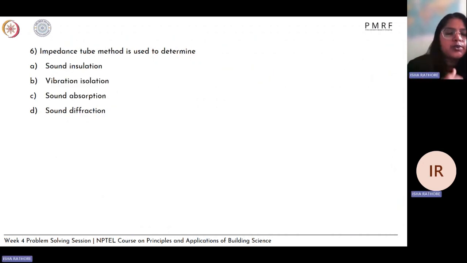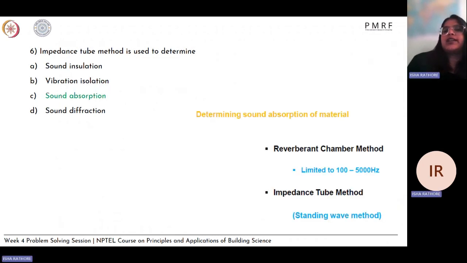Moving on to question 6. The impedance tube method is used to determine A, sound insulation, B, vibration isolation, C, sound absorption, or D, sound diffraction. We discussed this particularly in relation to the calculation of the reverberation time.